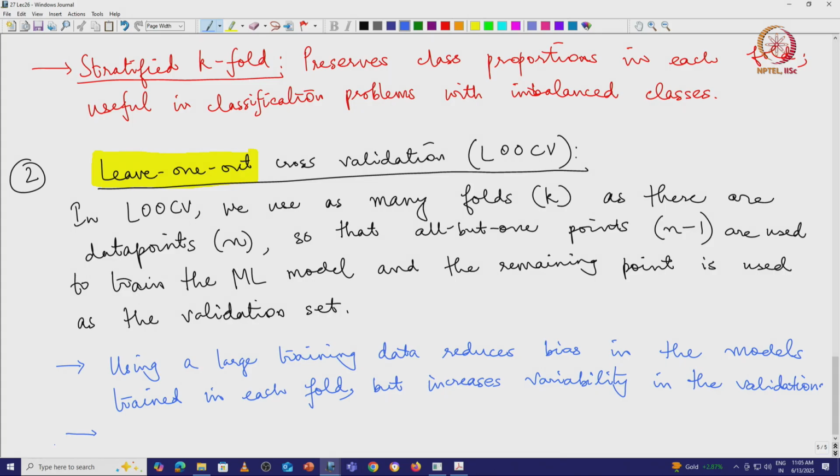The disadvantage is that you have to train as many models as there are points. You have to train n models, and if n is a billion, you do not want to train a billion models, that is very expensive. So, that is a problem. So this approach is computationally expensive, since n models are trained.